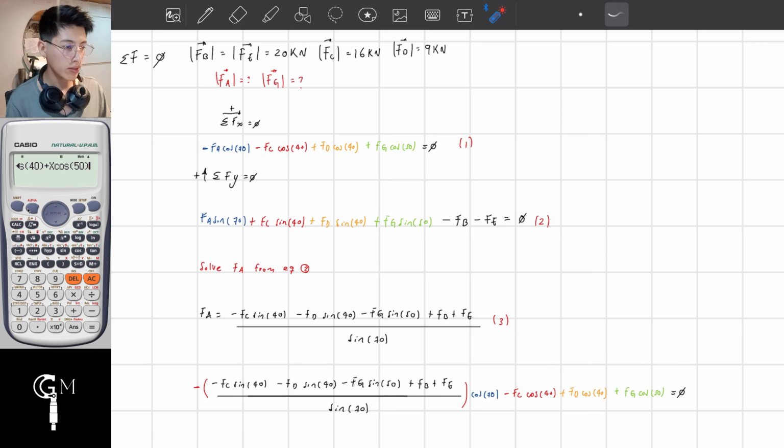And all this is equal to 0. Now I'm going to solve the equation, so I'm going to press Shift, solve, and yes, I want to solve the equation for x.